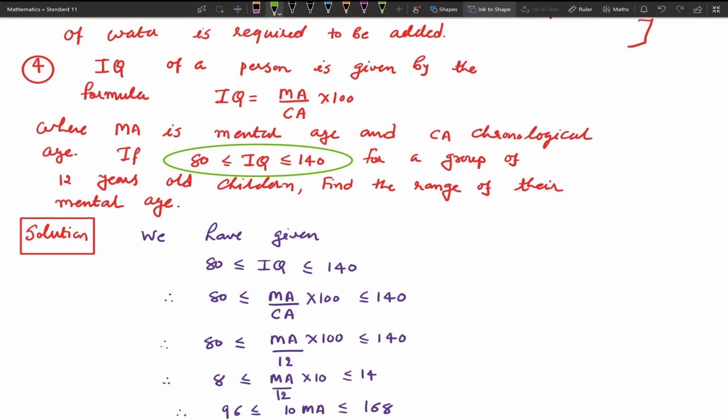For a group of 12 years of chronological age CA, the chronological age is given when chronological age is 12 years. At that time you have to find the mental range, that is MA. You have to find the range for MA.